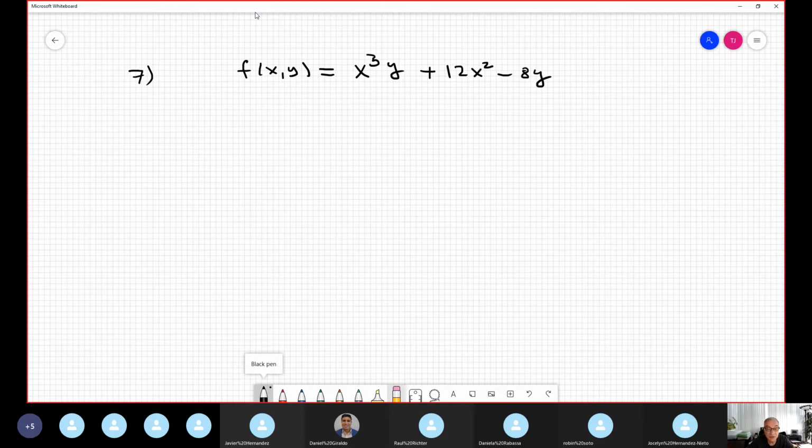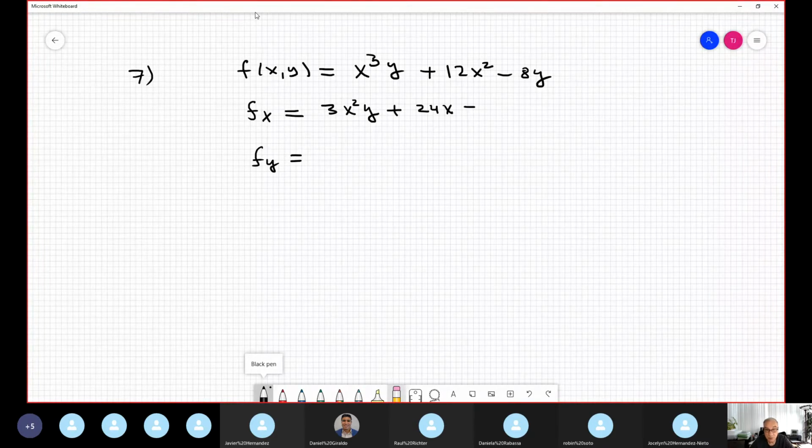So remember, step number one is find the first derivative with respect to x and with respect to y. You enforce it to be 0, and this allows us to find the critical value. Differentiate this with respect to x: 3x squared y plus 24x, and the derivative of the last term is 0.